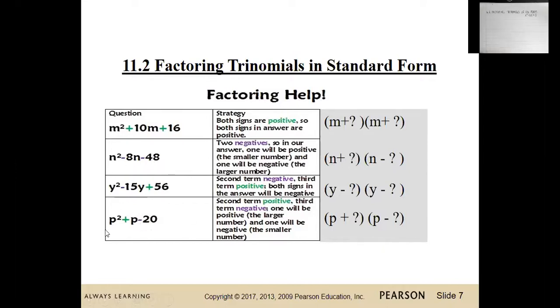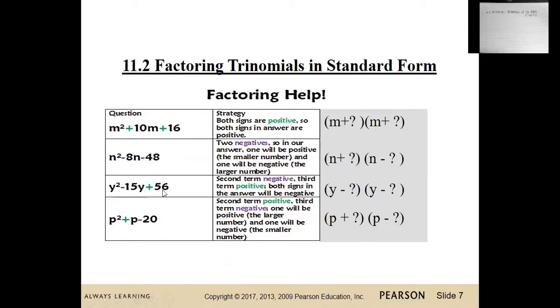So if you look at this one, p squared plus p minus 20, that last term is negative, so we know it's going to be p plus, p minus. All right, so just keep that in mind. When that last term's negative, we know one's going to be positive, one's going to be negative, and then again, I'm going to show you how to find the numbers that go in there.